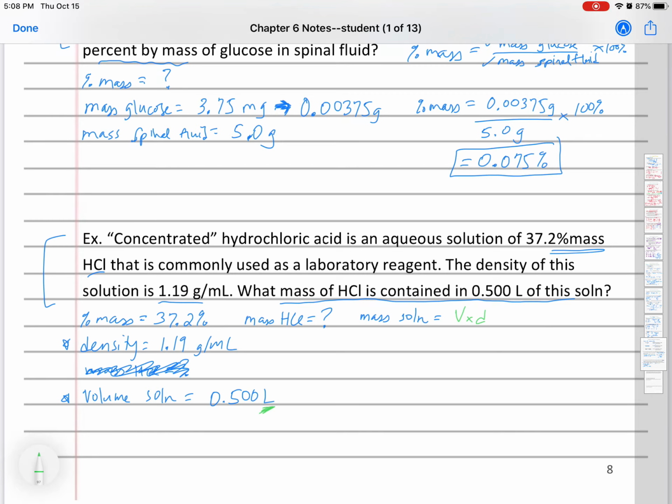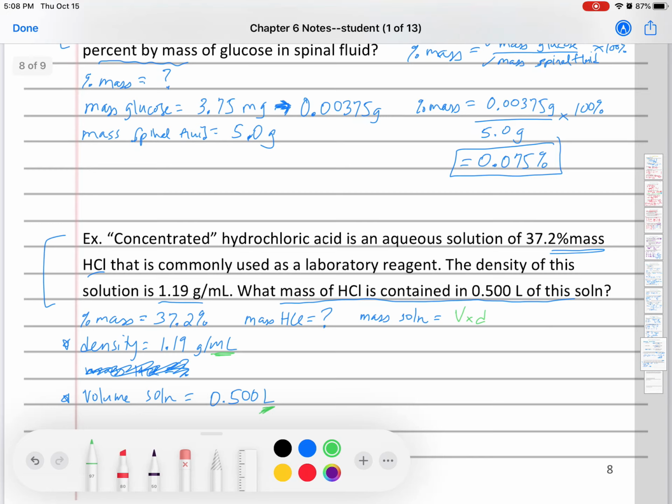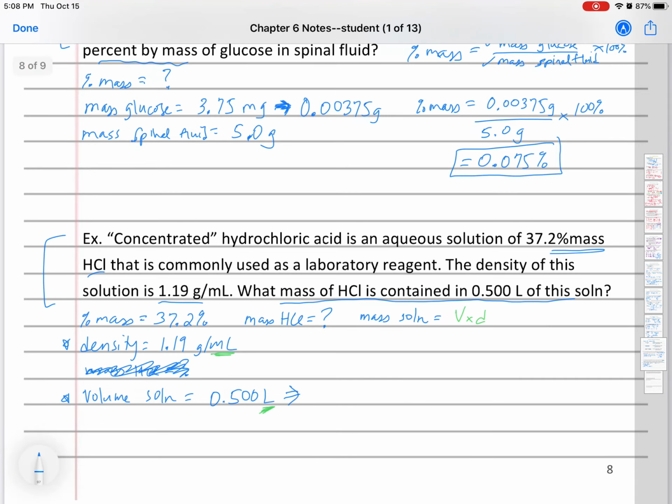That will give us the mass of the solution. Now, I notice that my volume of solution is in liters, and the unit of volume in the density is in milliliters. So I want to make those match first. I'm going to convert this one from liters to milliliters. So 0.5 liters is 500 milliliters, so that when I do this math, my units cancel out.